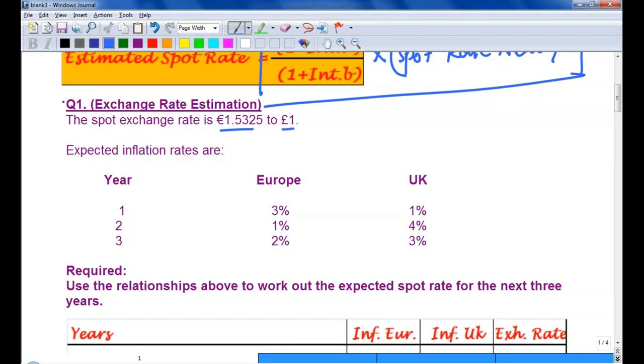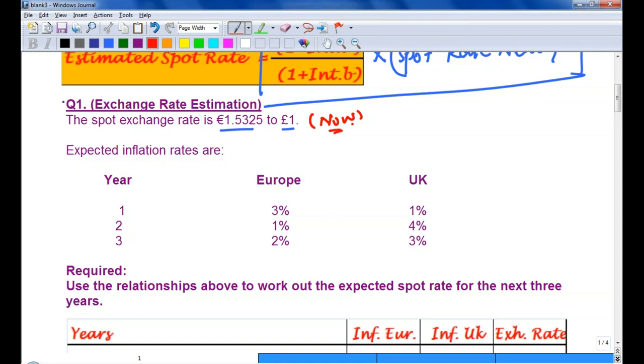Means euro is the numerator and sterling is the denominator. Spot rate means the rate now.